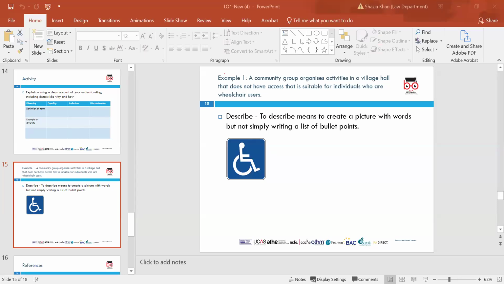There have been lots of cases in history where people have not treated individuals with care and respect, and that's why the Equality Act 2010 needs to be implemented to prevent discrimination against ethnicity, gender, sexual orientation, religious beliefs.